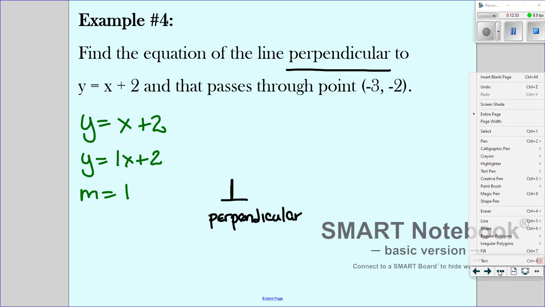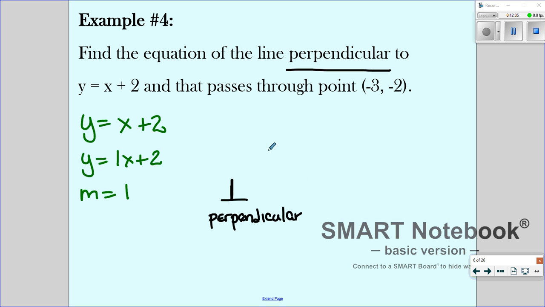For the new equation, y equals mx plus b, this line that we're going to find has a point on it and is looking for the slope that is perpendicular. So the m perpendicular of 1, the opposite reciprocal, is going to be m equals -1.